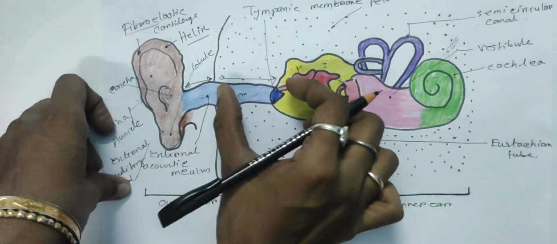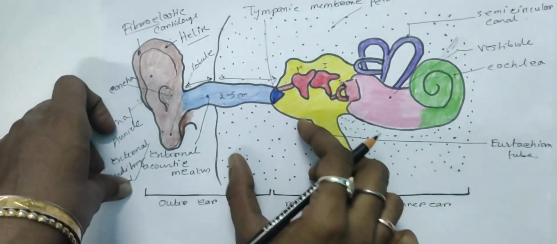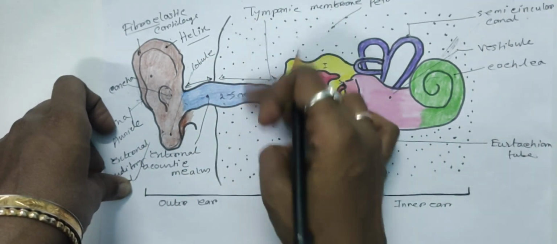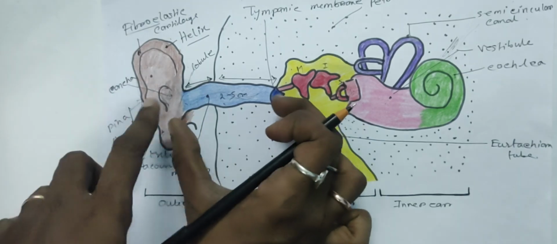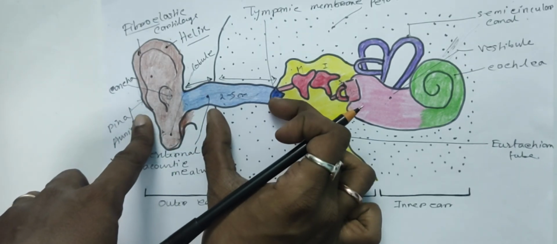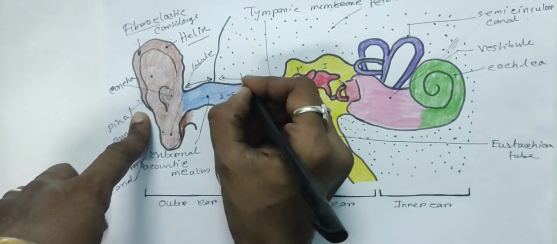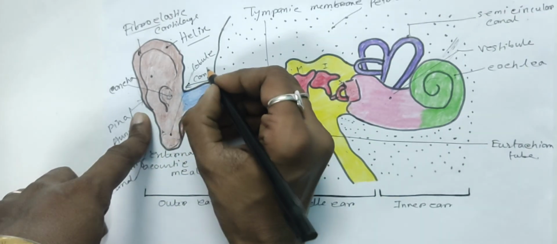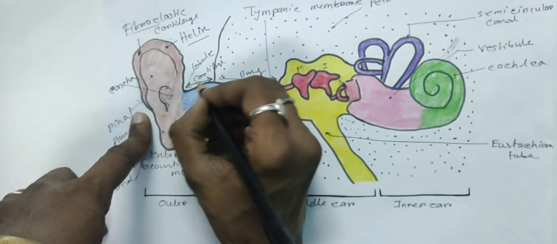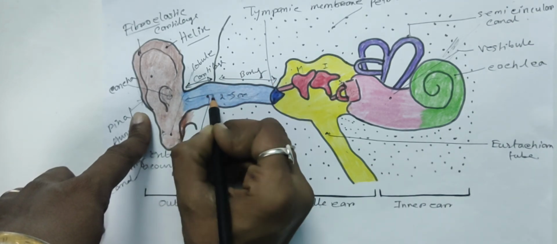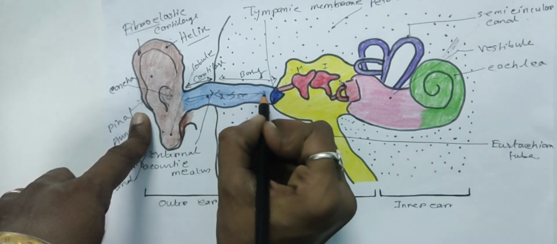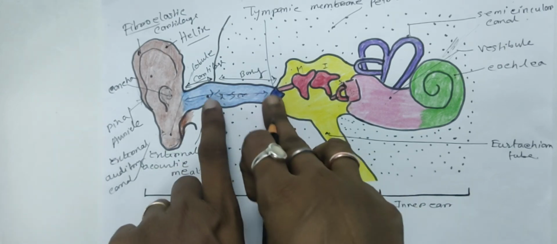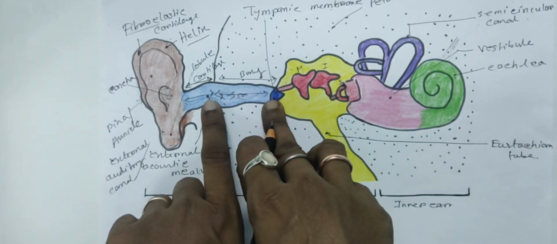As it lies under the temporal bone, the petrous part of the temporal bone, it is the bony portion. From this side to this side is cartilaginous, made up of cartilage, and from this side up to the invisible part inside the temporal bone is the bony part.